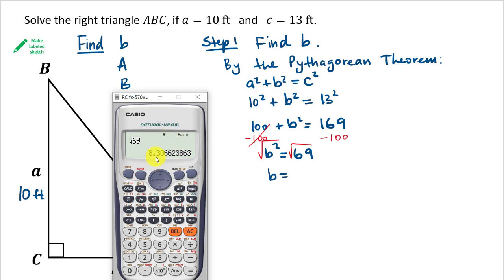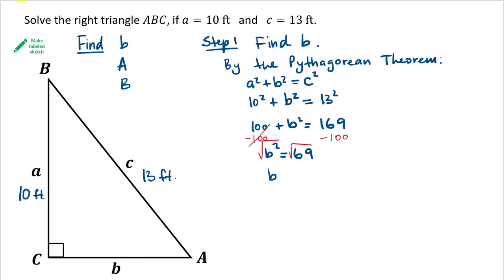So if we round to the nearest tenth, one decimal place, then the answer is going to be 8.3. So side B is approximately 8.3 feet. I'll add the answer to my list and I'll place it on the sketch.